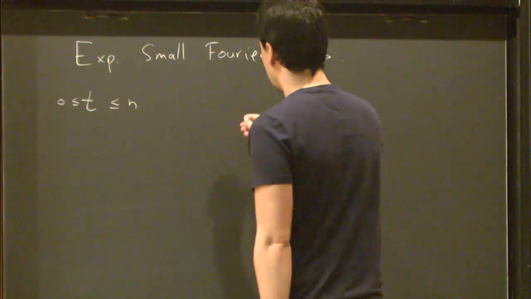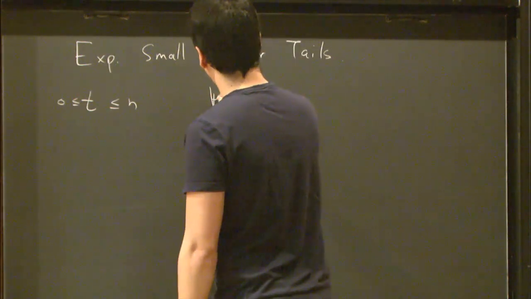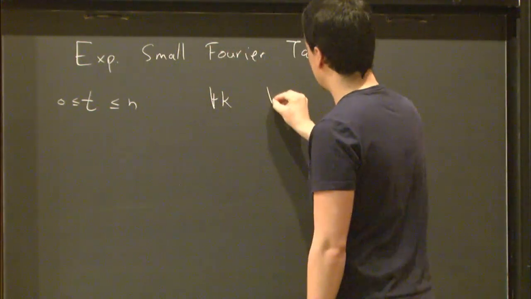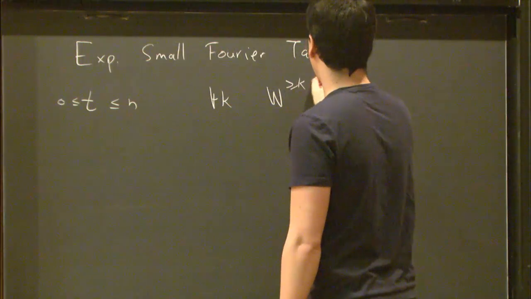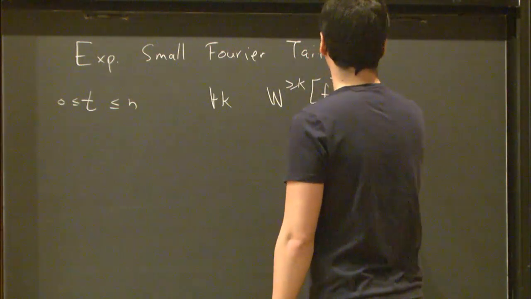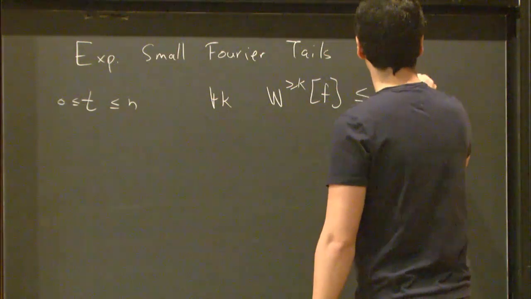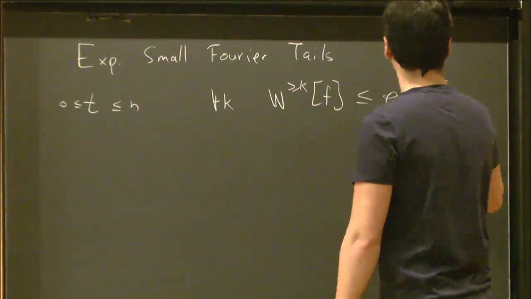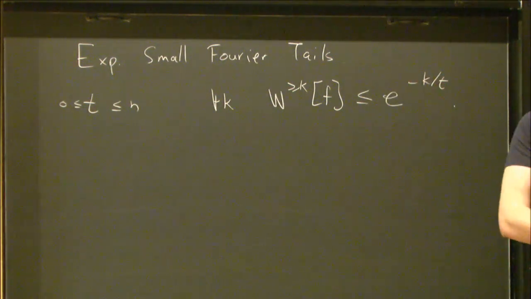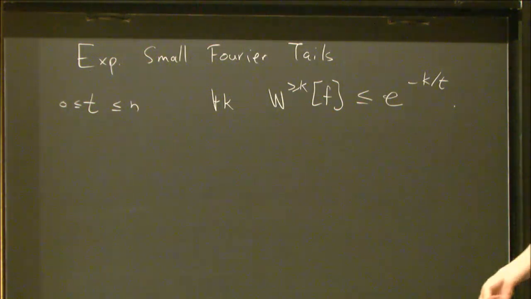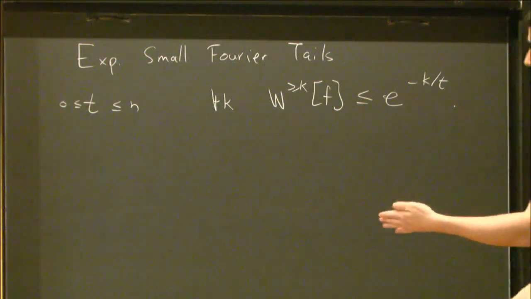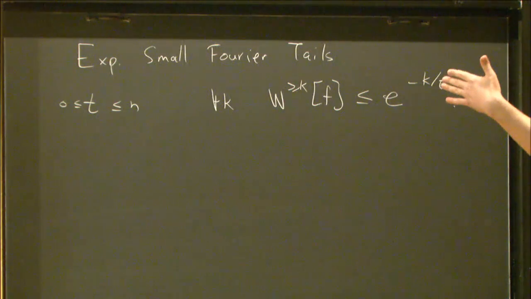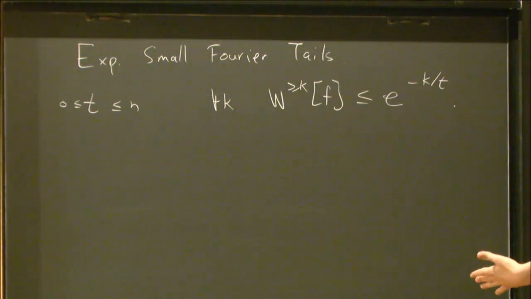And I will want that for any k, the weight at level at least k is at most e to the minus k over t. So I have some threshold level t, okay? And starting from this level, the tail decreases exponentially fast, okay?